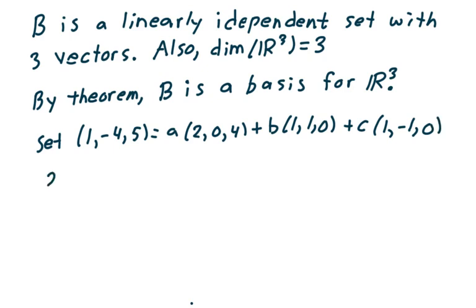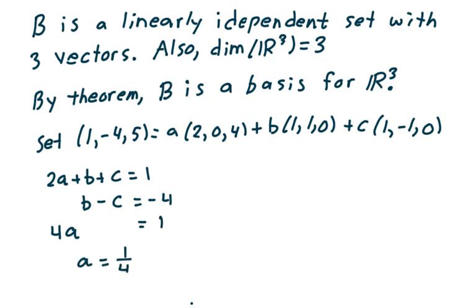Okay, so from here, we can say 2A plus B plus C equals 1, and then B minus C equals -4. And then 4A equals 1, which tells me A equals 1/4, right? Do you agree? A is 1/4.